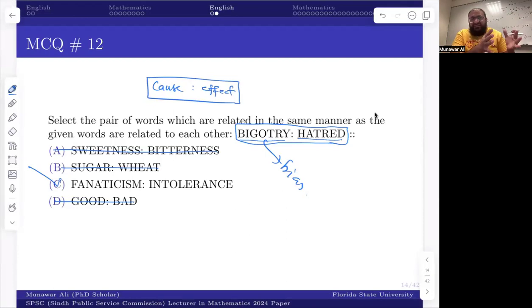If you believe in one idea strongly, you will be intolerant to other ideas and beliefs that are not aligned with yours. So fanaticism gives rise to intolerance. The cause is fanaticism, and it gives rise to intolerance, which is the effect. So it's going to be option C for this one.